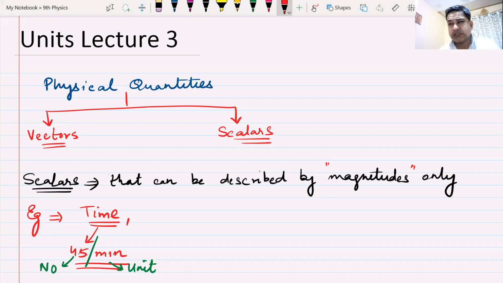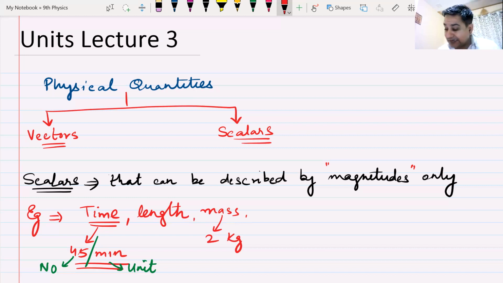Age is a quantity that can be measured, but it is not treated as a physical quantity. Let us talk about length. Length of something. 5 meters, 10 meters. Yes, Vedant, you want to say anything? Mass. Mass, 5 kg, 10 kg, 2 kg. 2 is the number, kg is the unit.